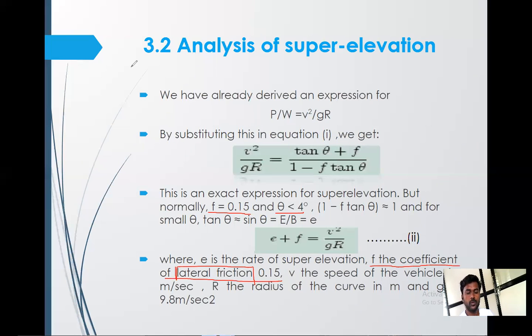It's a very important formula. E plus F is equal to V square upon gR. Many times this formula is asked in various exams. So please understand it clearly.